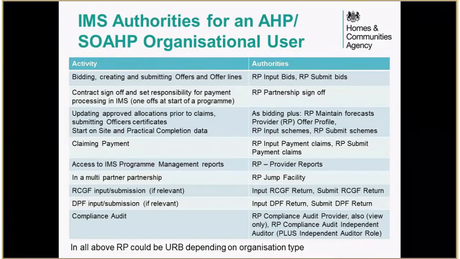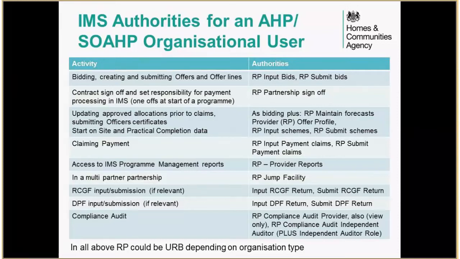So first of all is the one that I've just looked at, which is bidding. So creating and submitting offers and offer lines within IMS. The relevant authorities are RP input bids and RP submit bids. Once your physical contract has been signed off, so your paper contract, it will need to be signed off within IMS. And as an organisation, you will need to set up who is responsible for payment processing in IMS.